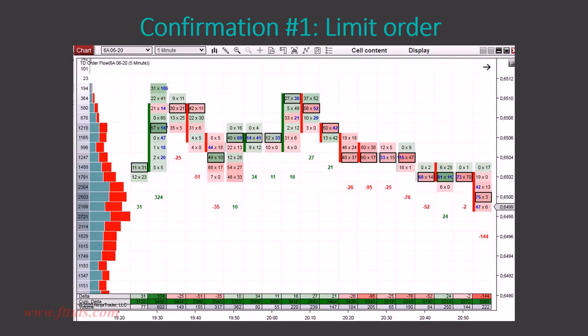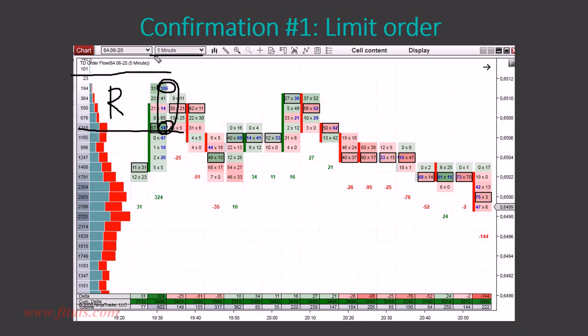Now, this example is the futures for the Australian dollar. It's a 5-minute chart. Let's say that you have a resistance zone somewhere in here. You want to see a big number appear on the ask side, because that would mean a big selling order. Now the first big number appears in here, 147, so that could be the first confirmation. Also 106 in here, that's another confirmation.